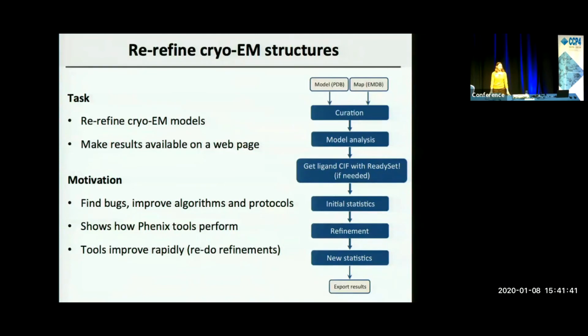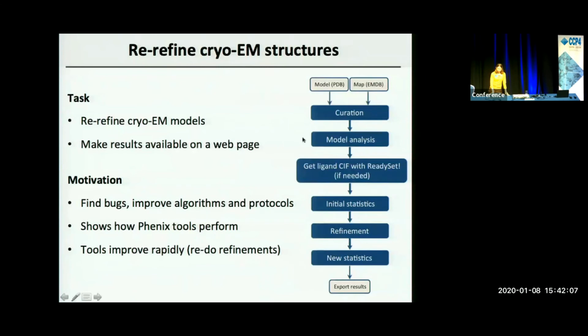So if you just take map and model as they are deposited and open them in Coot or ChimeraX, then they're not at the same place. And there can also be different information in the different files. It happens often enough that the resolution limit is different in the map file and in the model file. So once we have curated our set of maps and models, we can move on.